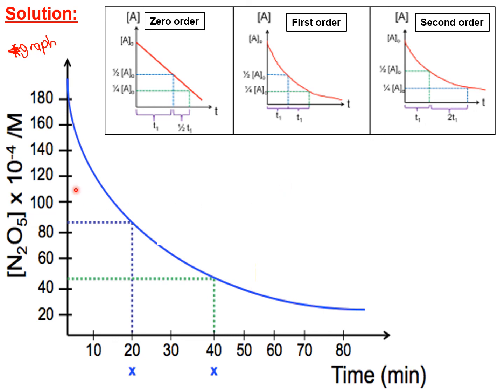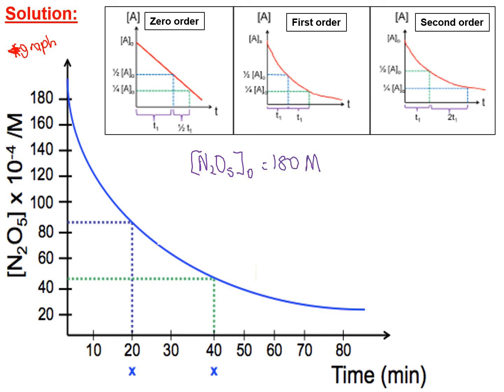Okay, so if you look at here, dia bagi concentration of N2O5 kan. Okay, so sekarang ni concentration initial untuk N2O5 ni ialah 180. So you know that concentration of initial N2O5 ialah 180 molar.